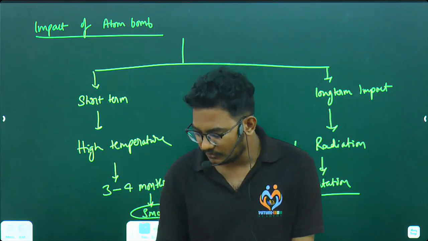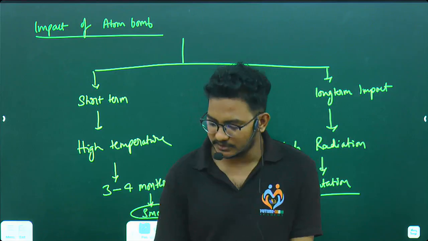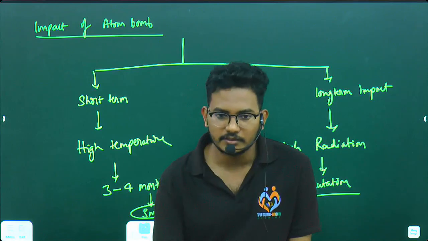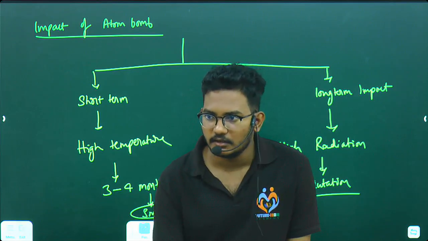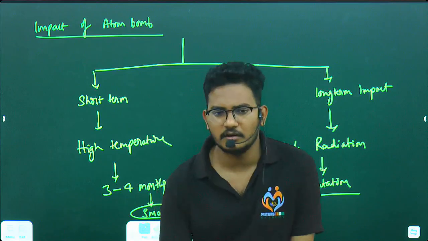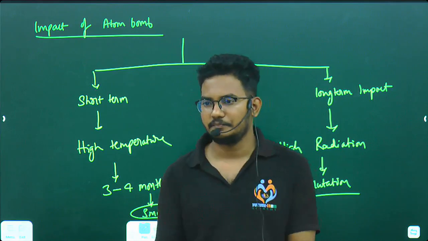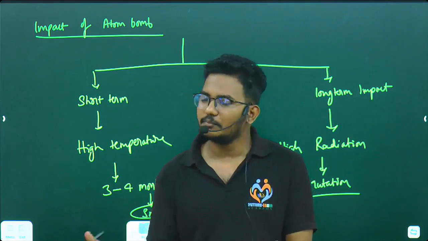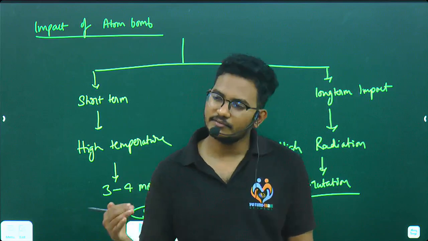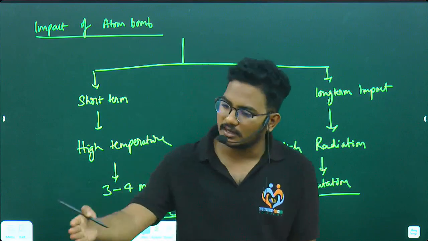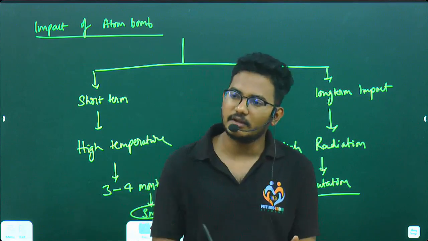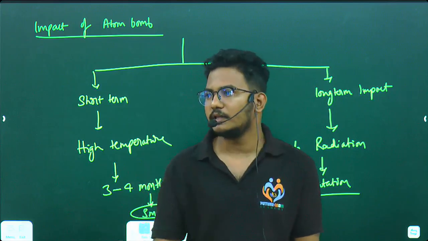Okay, if you go to Hiroshima and Nagasaki, if a person is giving birth to a baby over there, for sure the baby will not be in a proper shape. Whether the baby is having only one leg, or even if she has another leg, that leg will be short in size, or else someone will be born with cancer.